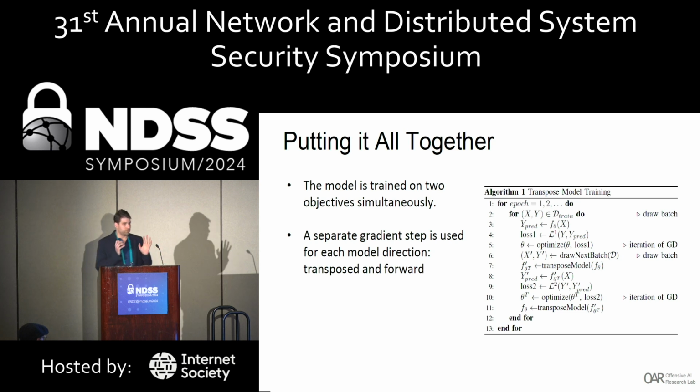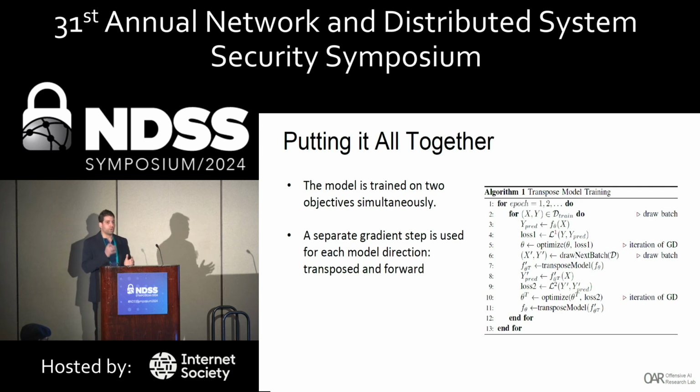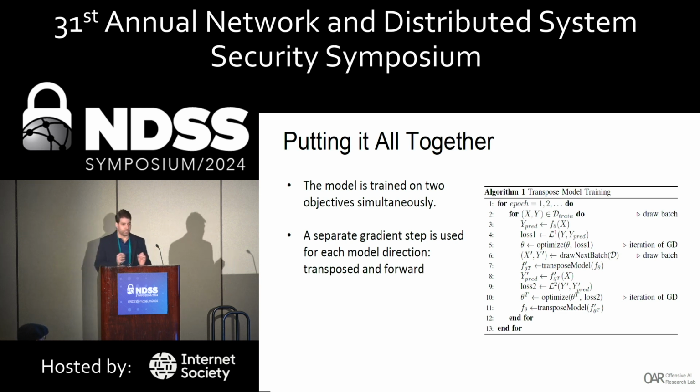Now, let's put this together. We need to train the transpose model for two objectives simultaneously. For that, we use separate gradient steps, one for the transpose direction and one for the forward direction. In each training iteration, we first train the model for the forward direction using a benign task, such as classifying images.